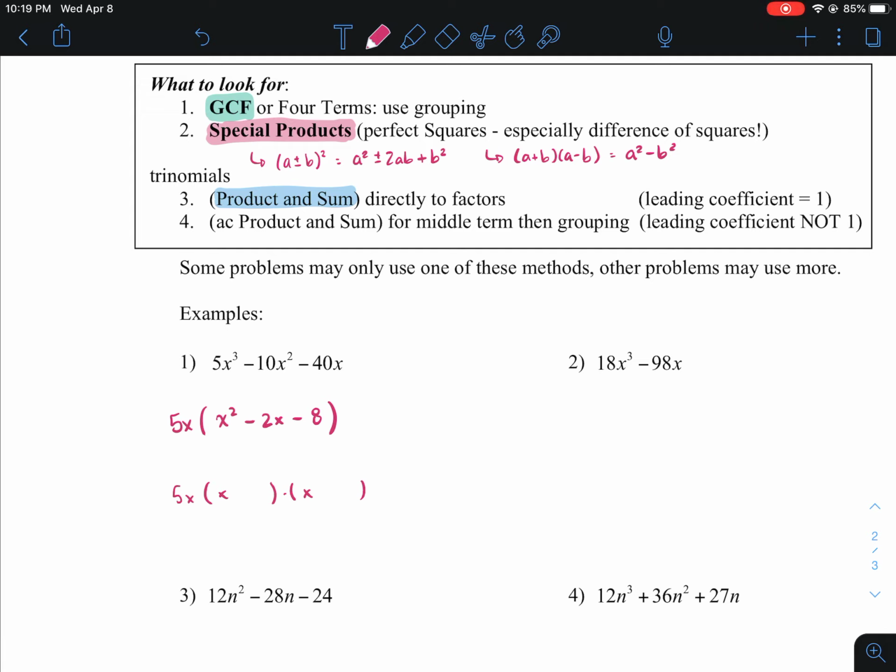The two numbers that give us a product of negative 8 and a sum of negative 2 are negative 4 and 2, because negative 4 times 2 is negative 8. And so we get x minus 4, x plus 2, and then we're done. All right, not too bad.